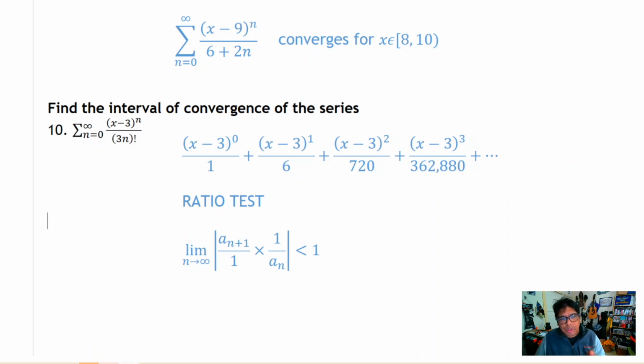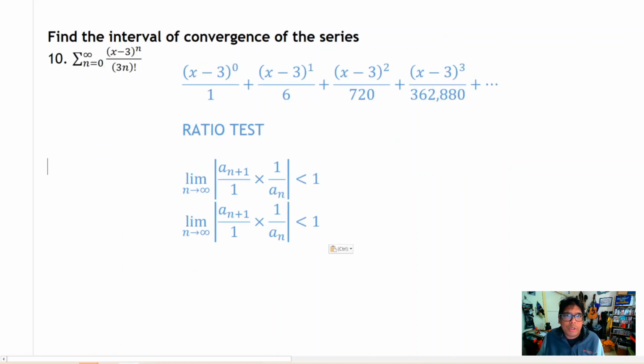We're trying to set the limit of the ratio test to be less than 1, so that when we solve for x, we're going to create values of x for which this series is going to converge. Because when the limit of the ratio is less than 1, the series converges absolutely.